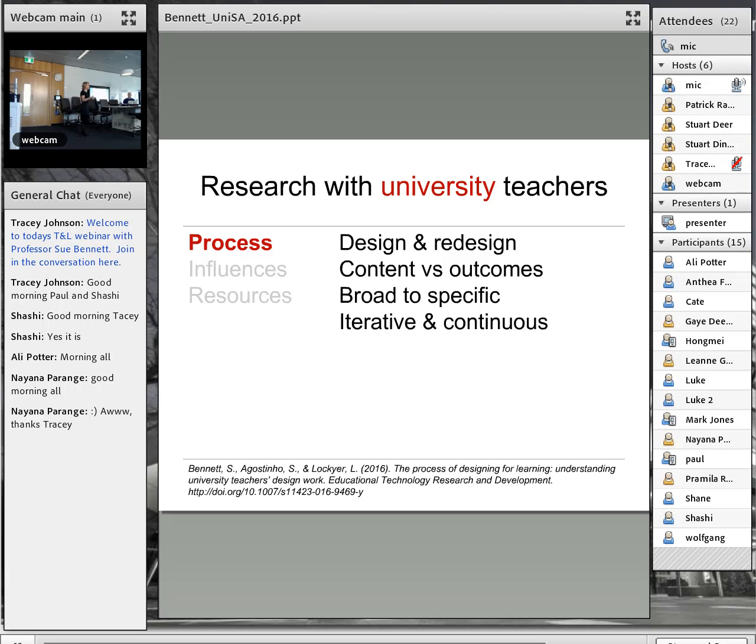It's a bit of a mix, but regardless of where you start, you quickly move on to the other. So rather than seeing it as you must start with outcomes, which is something we're told all the time, it's fair enough that people start with content, but it's okay because they move on to outcomes and the 2 become very quickly entwined. I think that was a good news story.